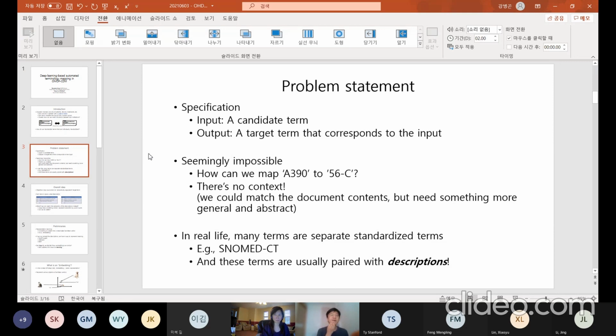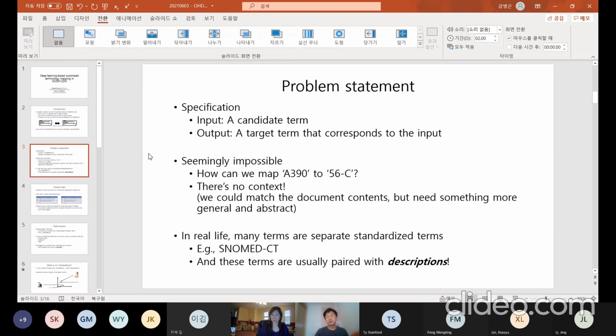And fortunately, practically most institutions contain their own standardized terms. For example, many hospitals in Korea use the SNOMED CT, which fortunately again contain terms that are paired with the corresponding description text of each term.